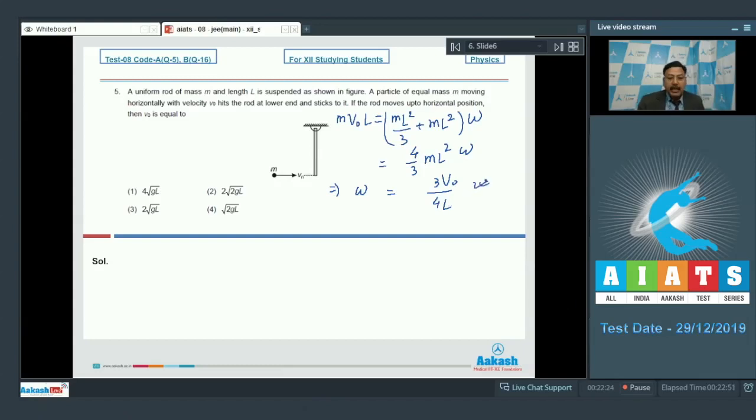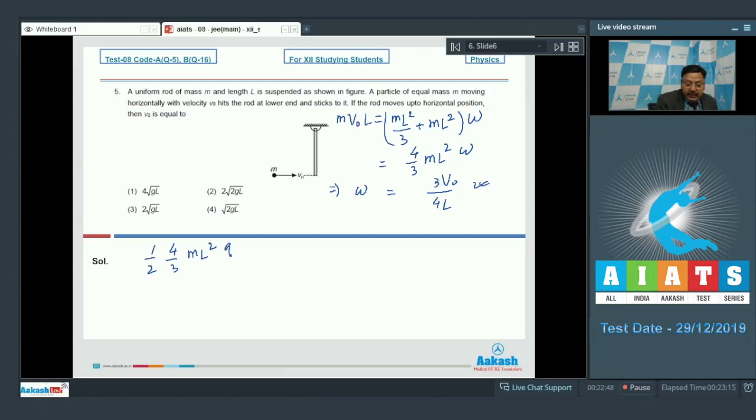Right? Now from this point on we simply conserve the mechanical energy, and so the initial mechanical energy of the rod and particle system is 1 by 2 I. We have already seen the value of I is 4 by 3 ml square, so 4 by 3 ml square into omega square, which is 3V0 by 4L the whole square.